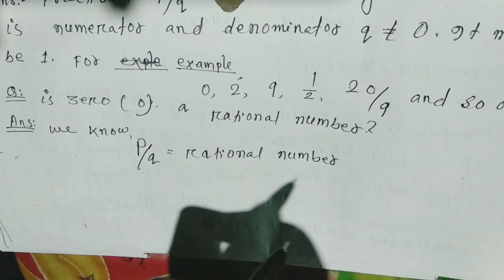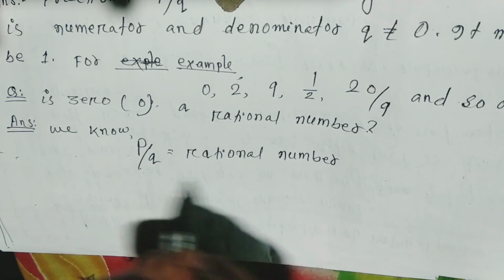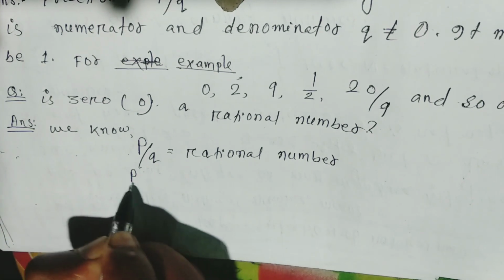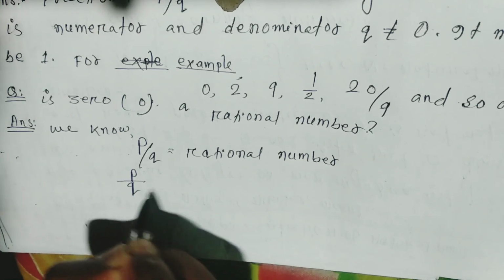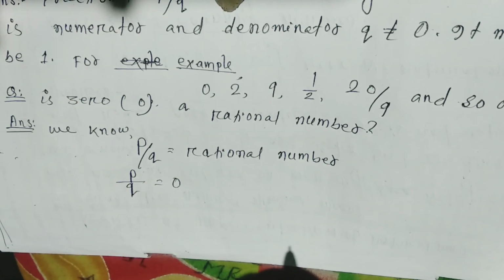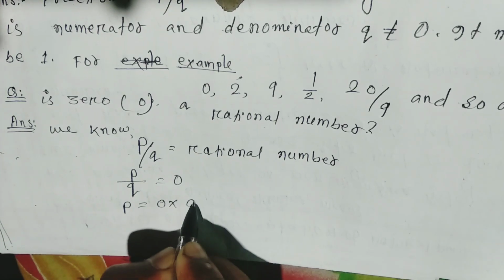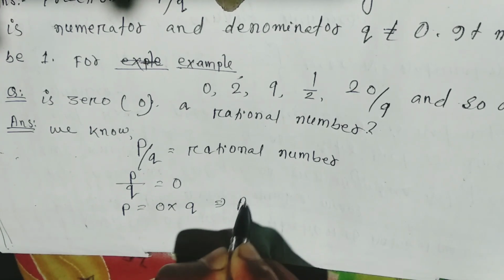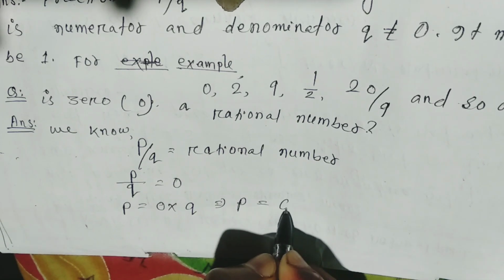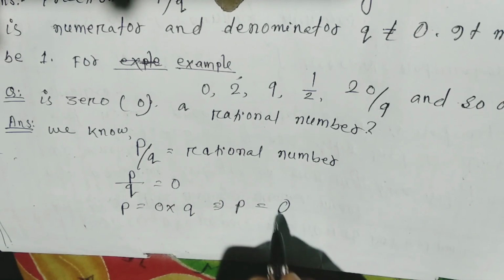If 0 is a rational number, then p by q equal to 0, p equal to 0 into q, so p equal to 0.